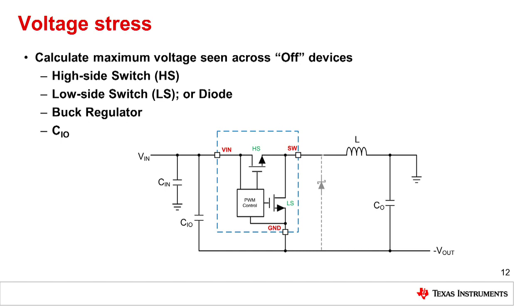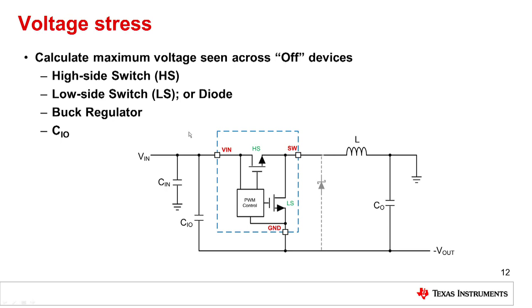Let's take a look at the voltage stress across the buck regulator when it's being used as a buck boost. If you recall, for a buck regulator, the voltage stress across the switches and from Vin to ground is only the magnitude of the input voltage. However, when it's being used as a buck boost, that's not true anymore.